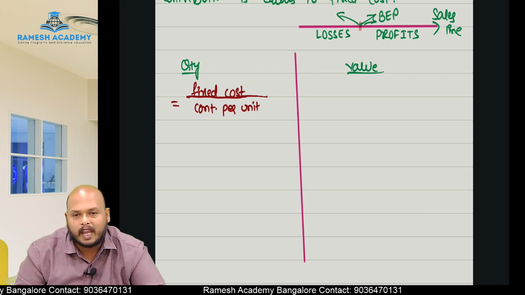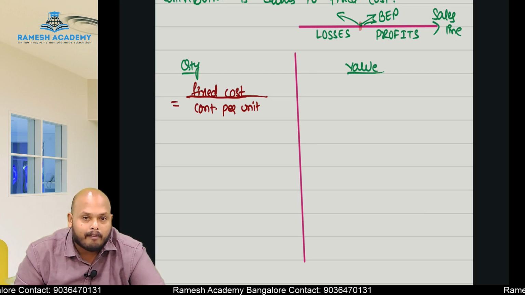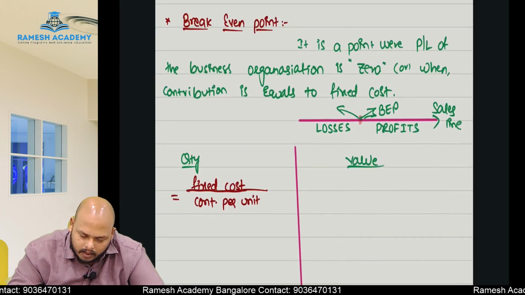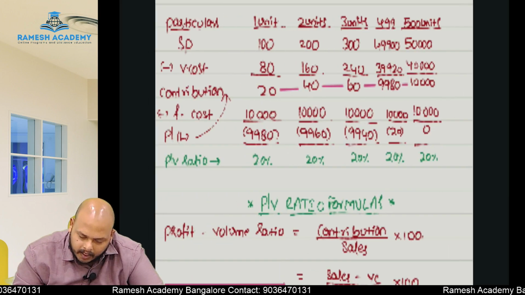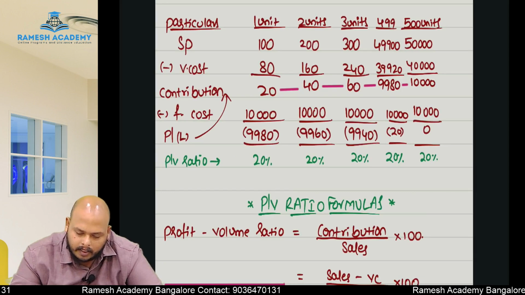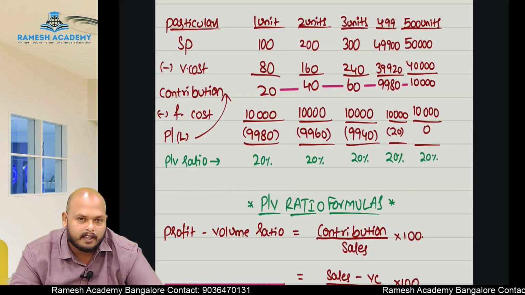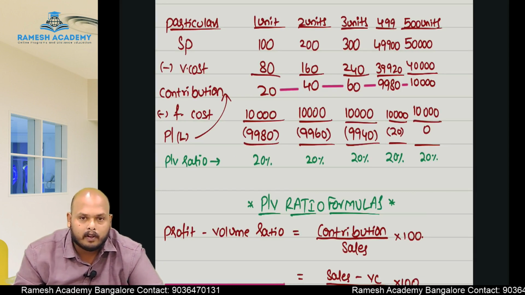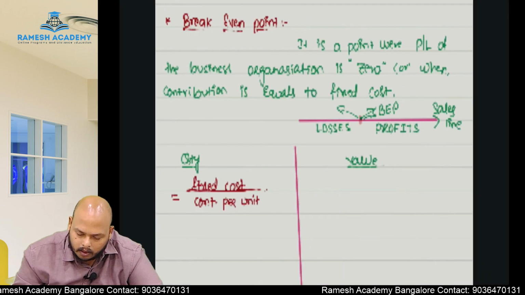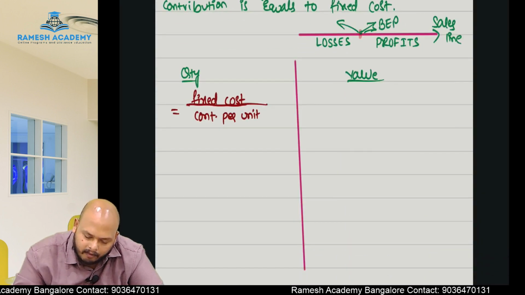Suppose you wanted to calculate the break-even point value. In the previous example, what was the break-even point value? We got 50,000. So how can we calculate it?